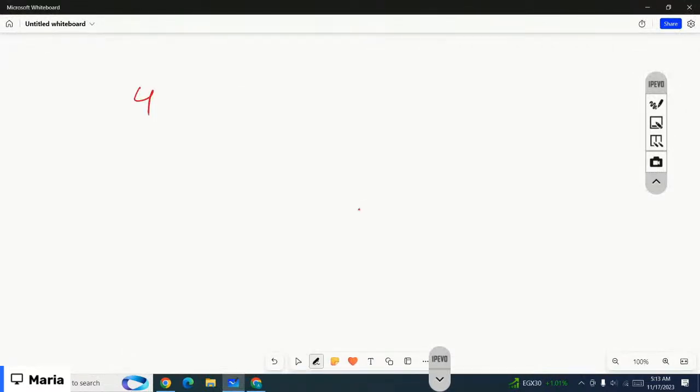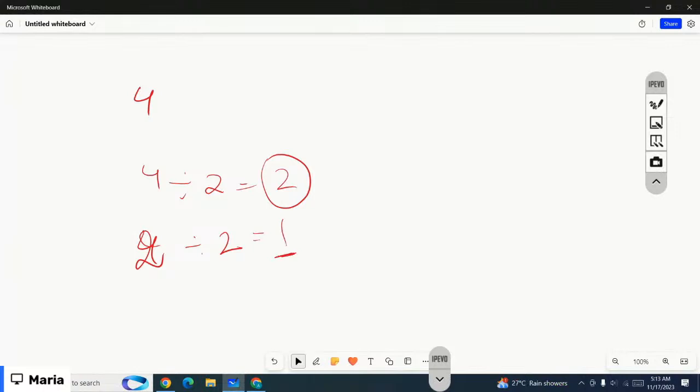So the smallest prime number that can divide 4 is 2. Divide 4 by 2. 4 divided by 2 is 2. Now divide this number by the smallest prime number. The smallest prime number that can divide 2 is 2. So 2 divided by 2 is 1. You have to divide until you get the answer 1, right? So you divided them by 2, that is 2 times 2. So these are the prime factors, right?